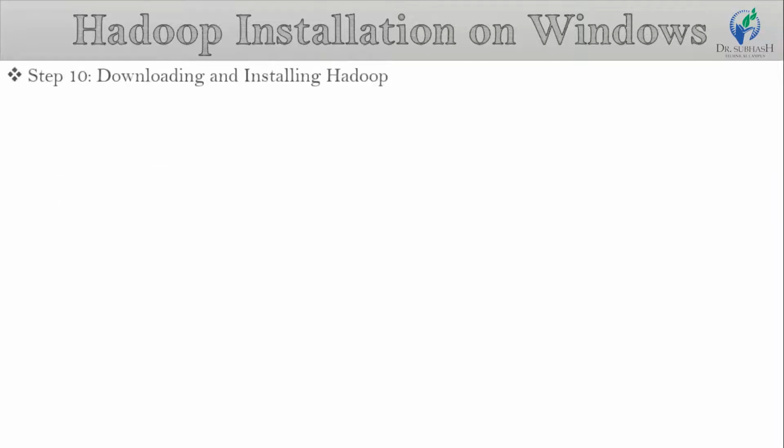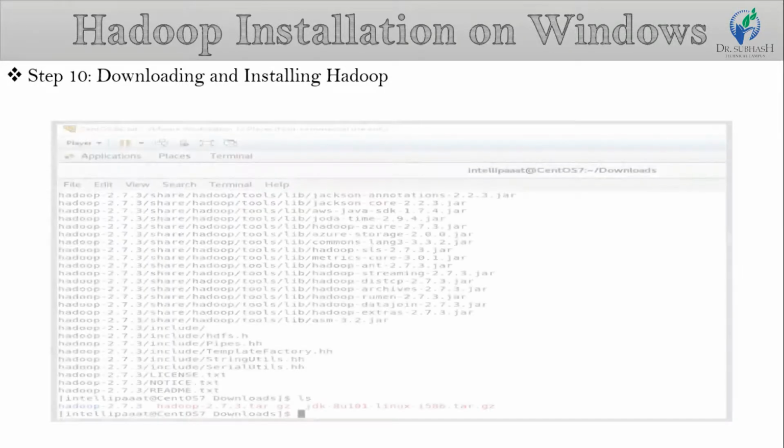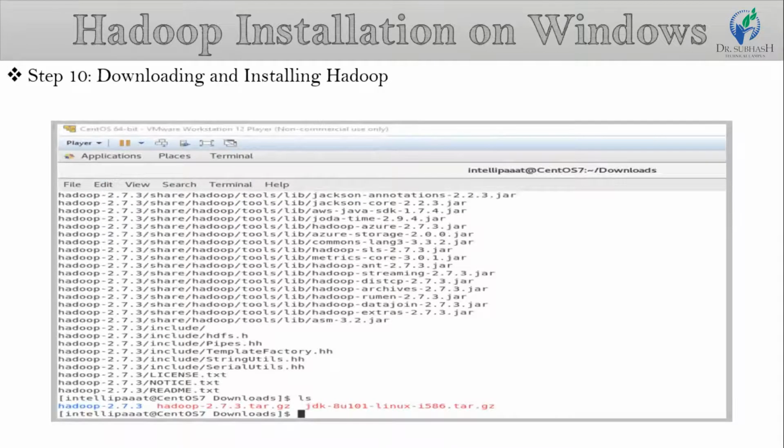Now, in step 10, downloading and installing Hadoop. For that, download a stable release package as a zip file from the link and unpack it somewhere on your file system. Extract the Hadoop file using the command shown in the image on your terminal.